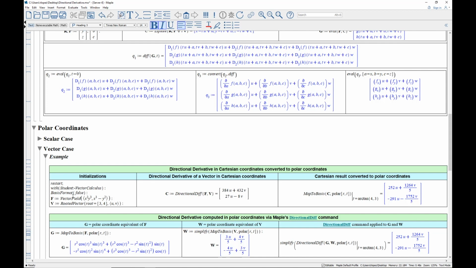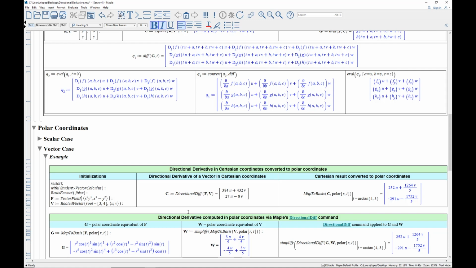So, preliminaries, student vector calculus package, a vector field in Cartesian coordinates, x squared y cubed, x cubed minus y squared, and a direction. And for the direction, you can take a rooted vector, so that includes the base point 3, 4. This is a convenient base point because the radius for this point is 5.